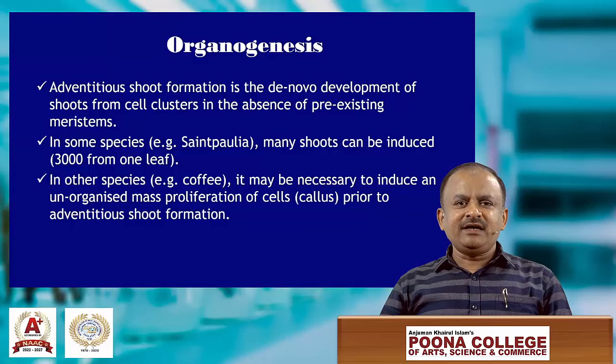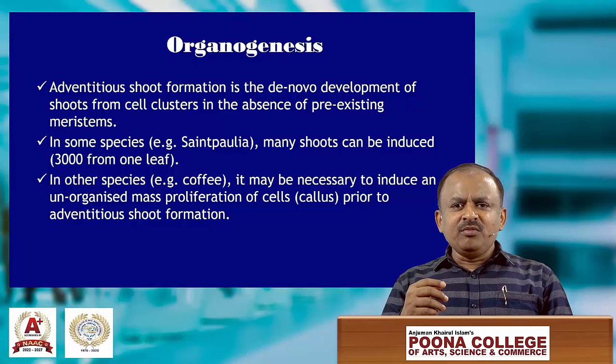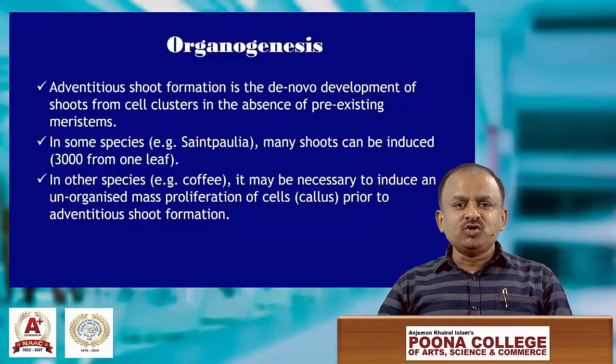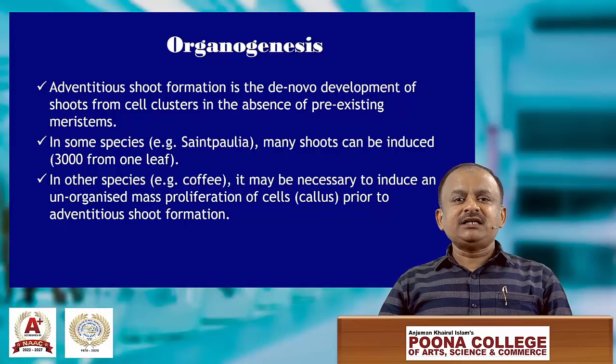In addition, adventitious shoot formation is the de novo development of shoots from cell cultures in the absence of pre-existing meristems. In certain species, many shoots can be induced with this method. In other species like coffee, it may be necessary to induce an unorganized mass which leads to the formation of callus.